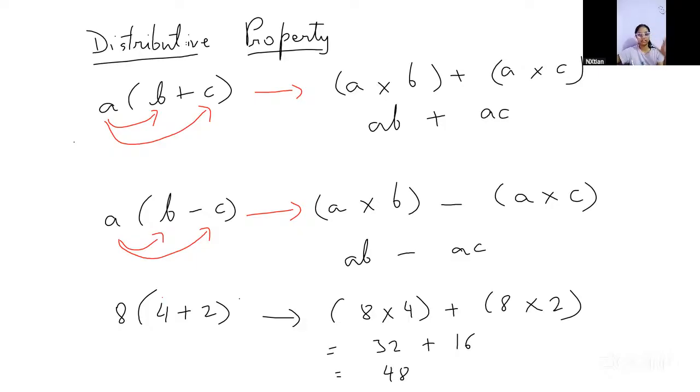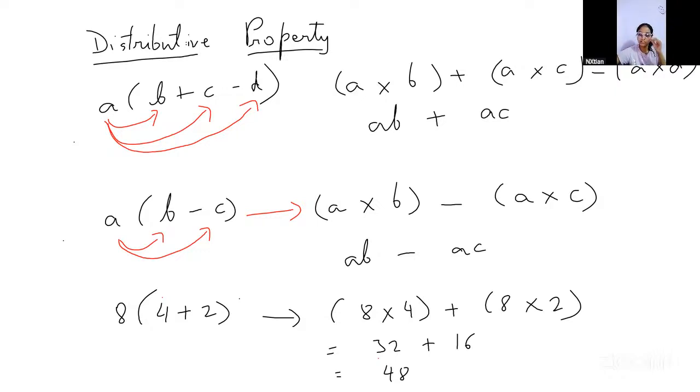The number that is outside the bracket, we multiply it with all the numbers that are inside the bracket without changing the sign. If we had three terms, suppose I have a(b plus c minus d), then my a will also be multiplied with d and it will become minus a into d.